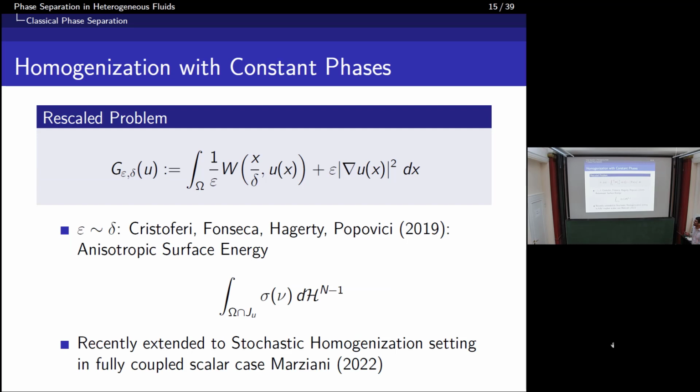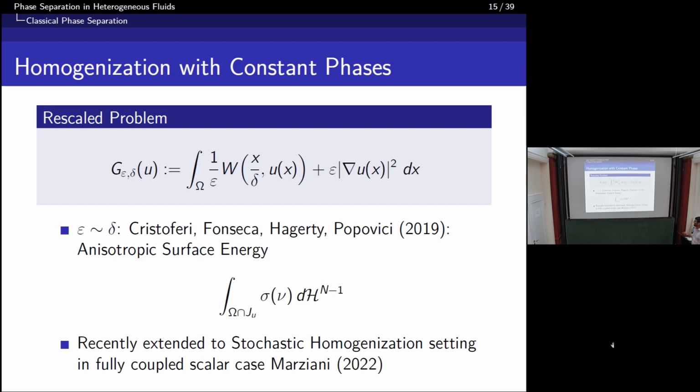So what are some cases that have been studied? You have this epsilon and delta, and the limits will depend on how these rates behave. When epsilon is similar to delta, Riccardo, Irene, Adrian Hagerty, and Cristina Popovici already studied that you end up getting an anisotropic surface energy.